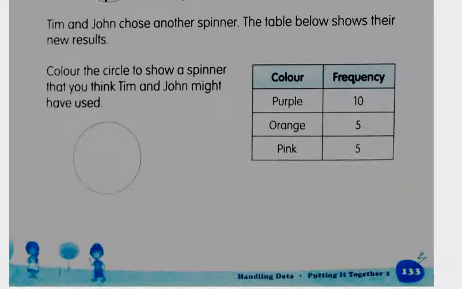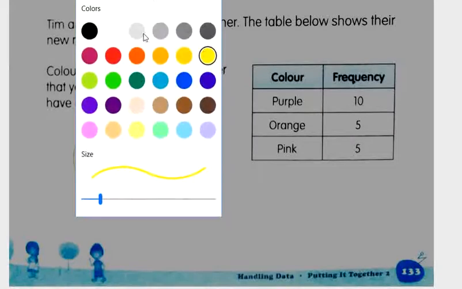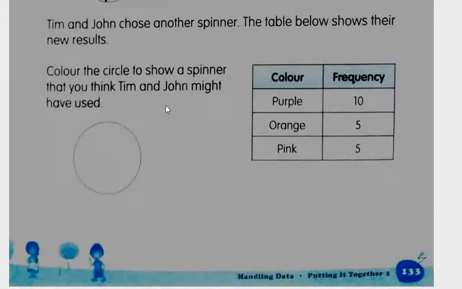So orange and pink have equal parts, and purple has double the part of the others.